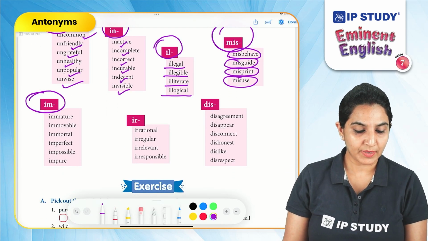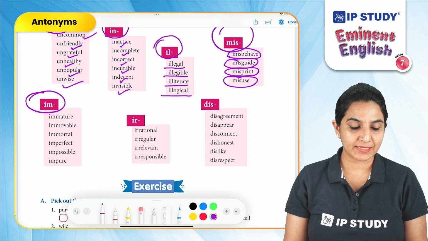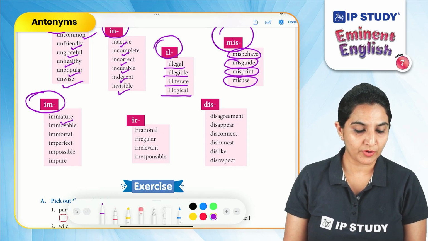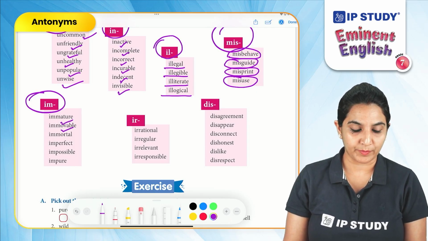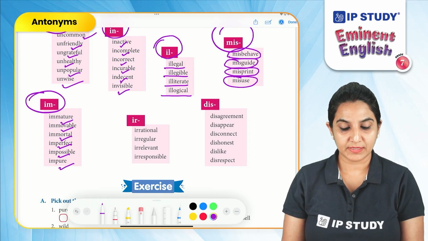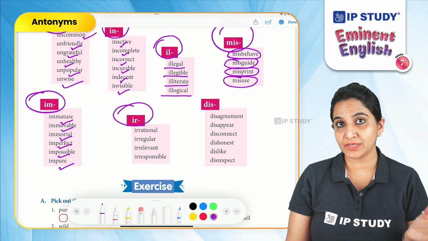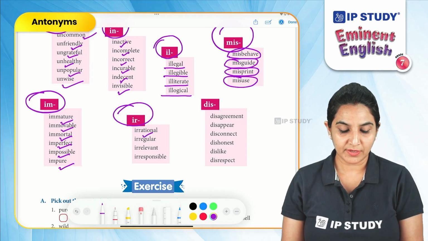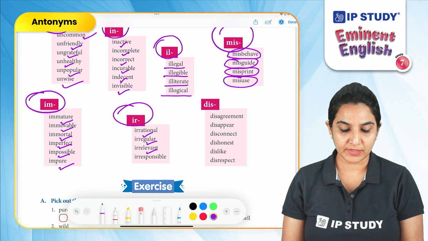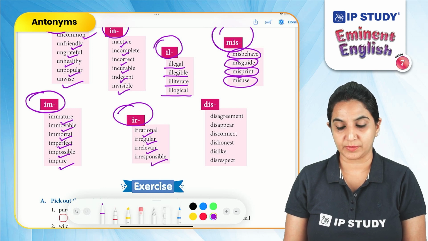The prefix im can also be used to make antonyms such as mature, immature, movable, immovable, mortal, immortal, perfect, imperfect, possible, impossible, pure, impure. Similarly, the ir prefix can be used and the opposite of rational can be irrational. Regular, irregular. Relevant, irrelevant. Responsible, irresponsible.